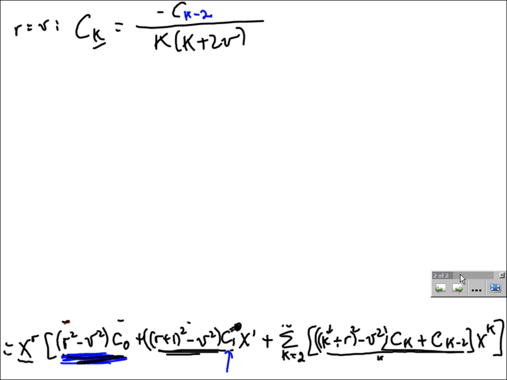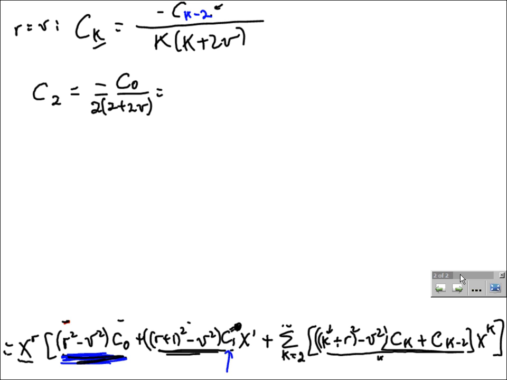Now, since these differ by 2, you're going to have the c sub k's in terms of two different values, like c1 and c0. For example, c sub 2 will be negative c sub 0 over 2 times (2 plus 2v).